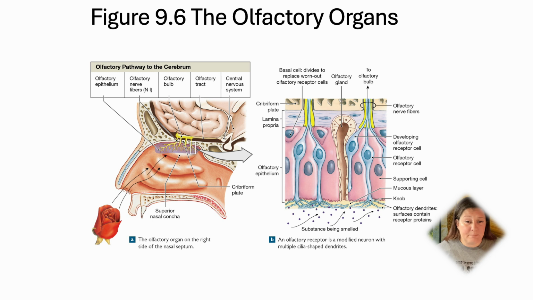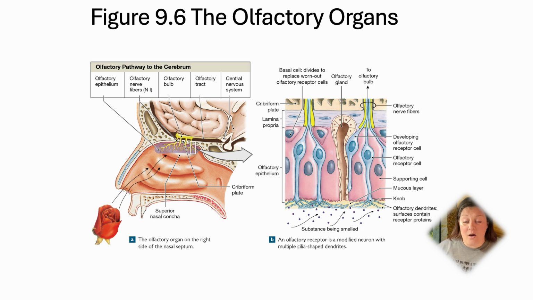If we take a snapshot of that olfactory epithelium and move over to the right side of this slide, you see at a microscopic anatomical level the fragrance of that rose being a chemical compound that is going to get trapped in the olfactory epithelium.